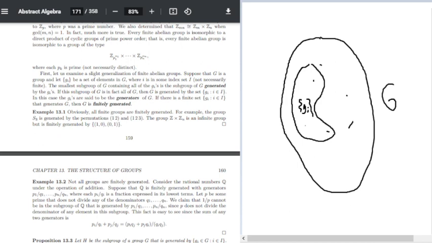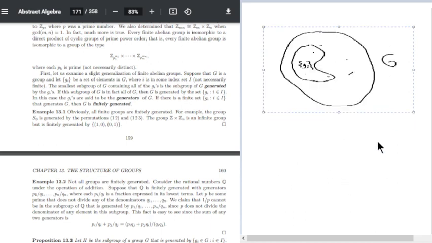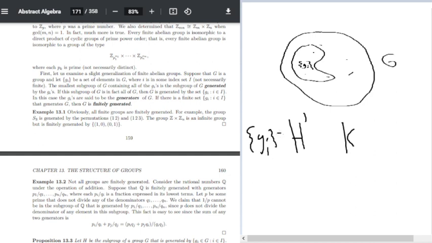I should also quickly note that I don't know if we're going to go over this, but when we say that it is smallest, what we mean is that if we call H prime this subgroup, the subgroup generated by the G sub i's, which we're just going to denote with cyclic-esque notation, is equal to H prime.